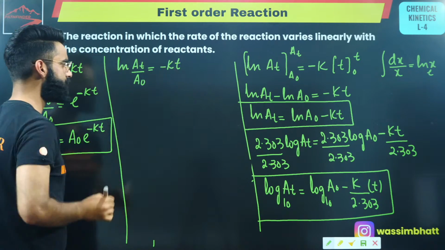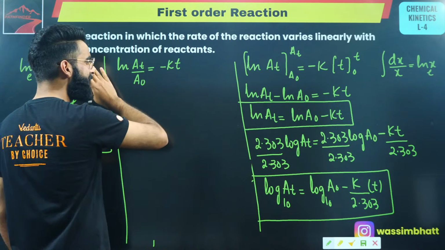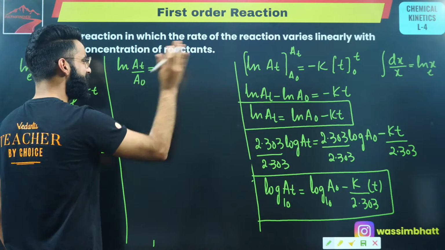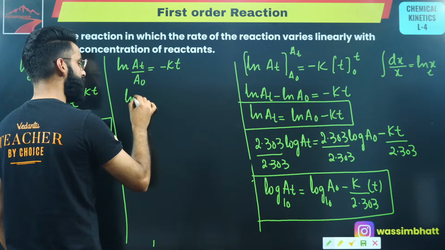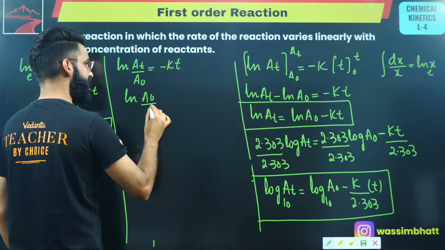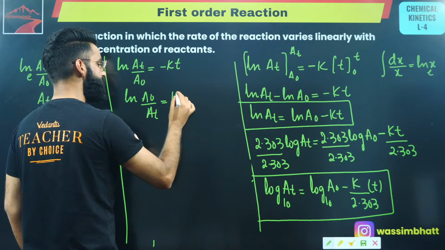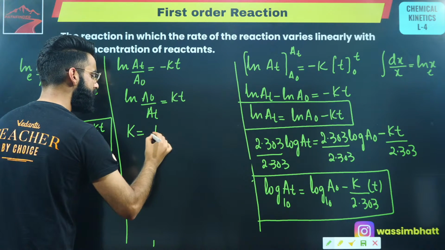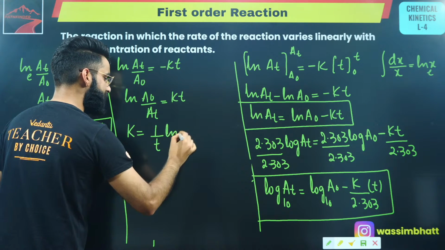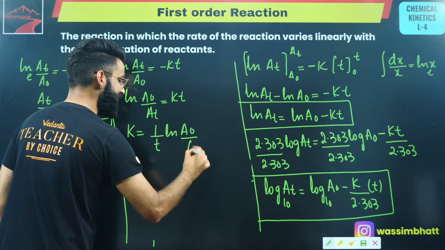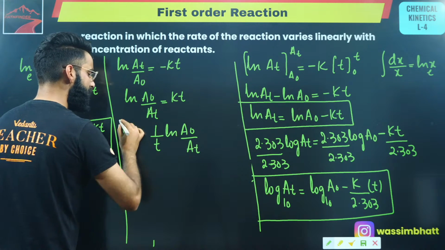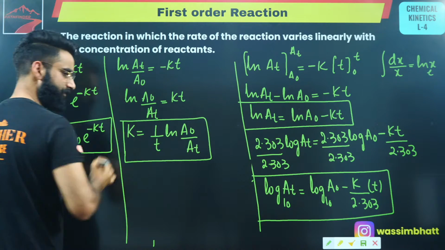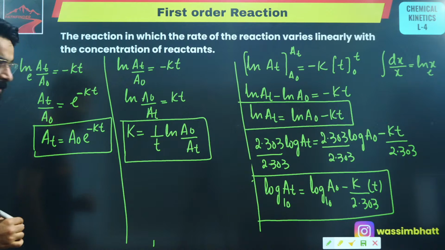If I multiply this equation with a minus sign, you get ln of A0 divided by At is equal to kt. Or you get k is equal to 1 divided by t times ln of A0 divided by At. This is one more form of the integrated rate equation for first order reactions.